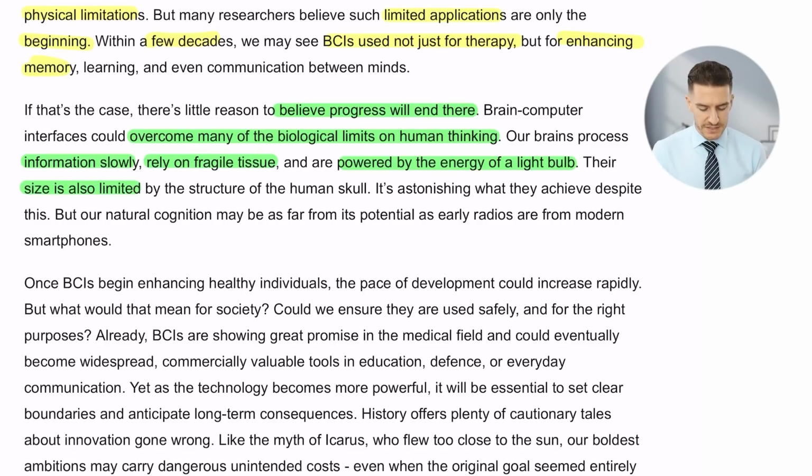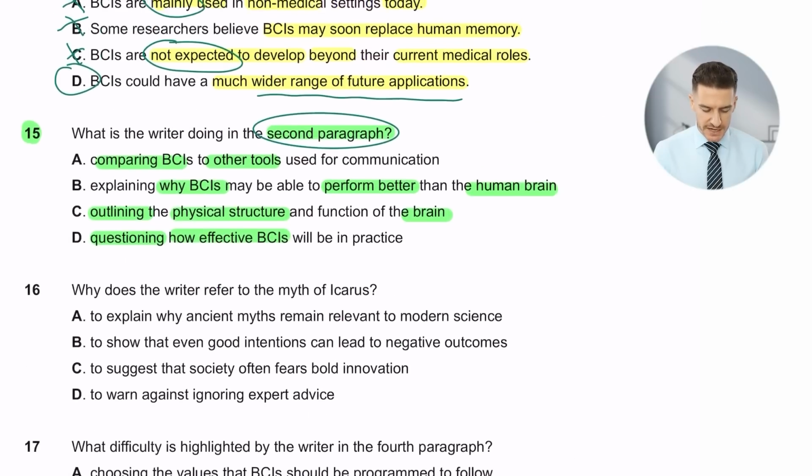Their size is limited. It's astonishing or amazing what they achieve despite this, but our natural cognition may be as far from its potential as early radios are from modern smartphones. So it's making a comparison there. So let's go back down and we'll have a look at the options again.